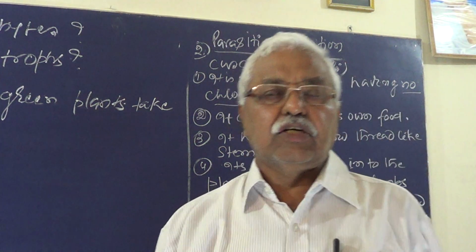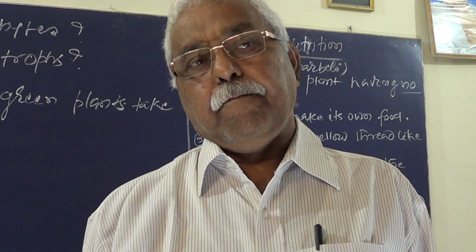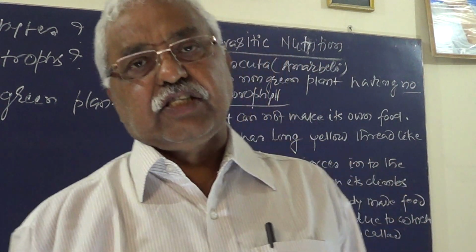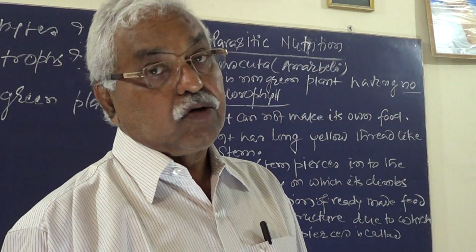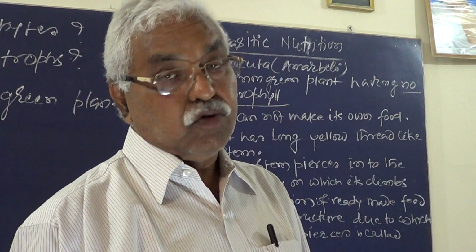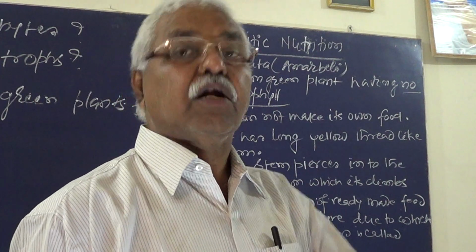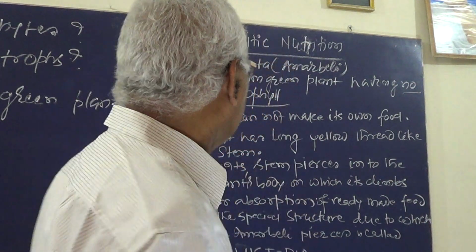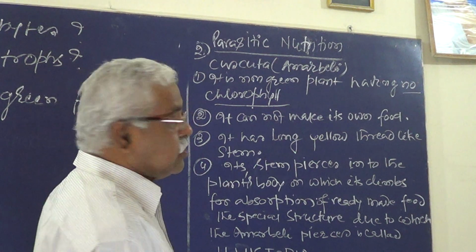Here I am going to take you to another parasitic nutrition. Here the plant does not have chlorophyll. Again, they depend for their food and nutrients on other green plants. The plant's name is Amar Bail.